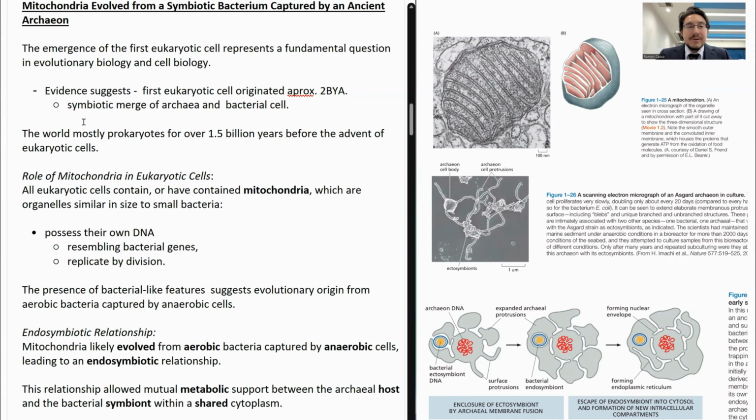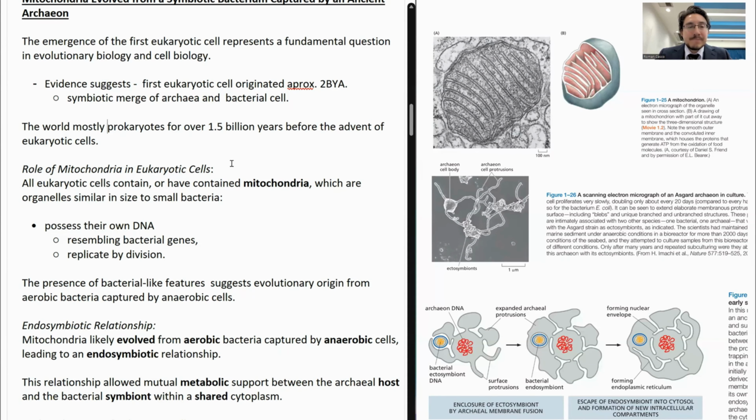Evidence does suggest that the first eukaryotic cell originated around 2 billion years ago, by a process that revolves around the idea of a symbiotic merger between an archaean prokaryotic cell and a bacterial cell.